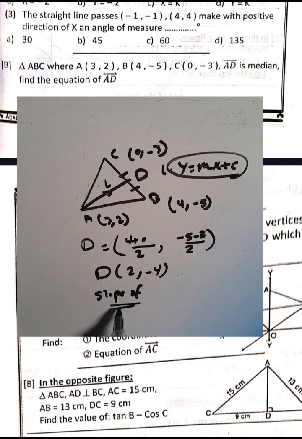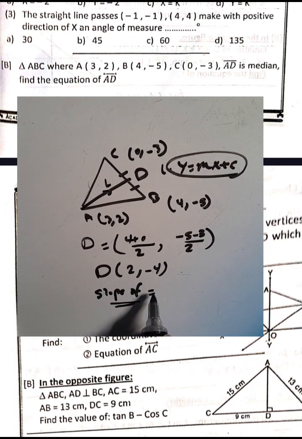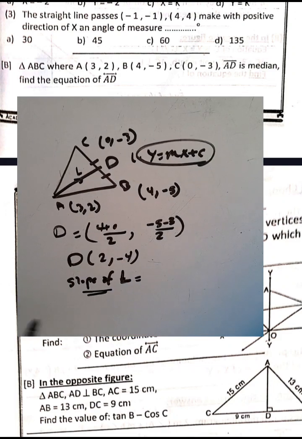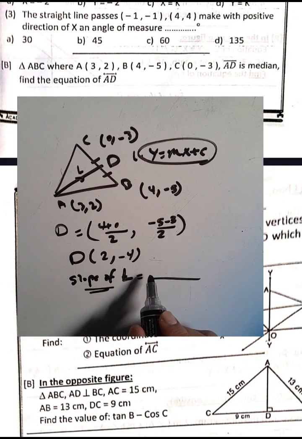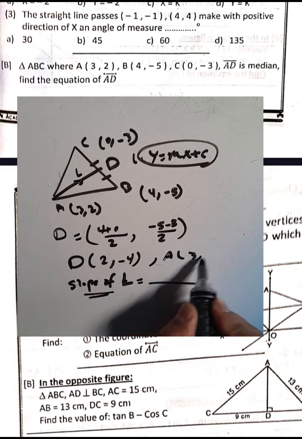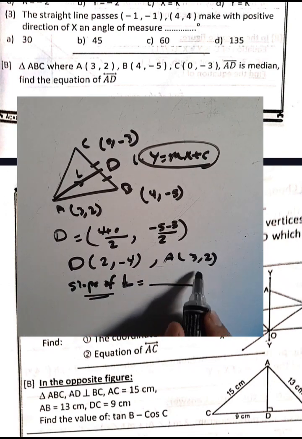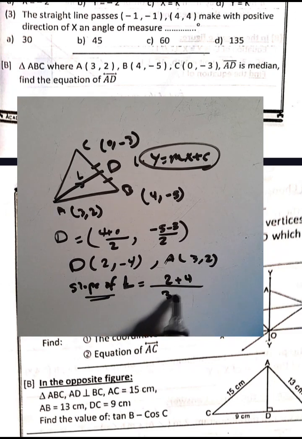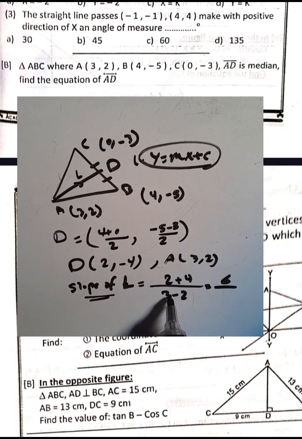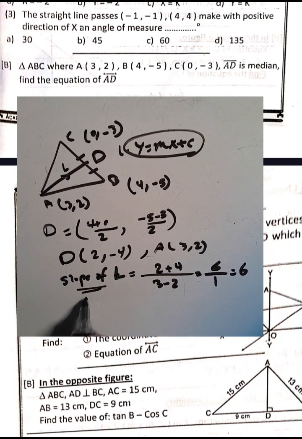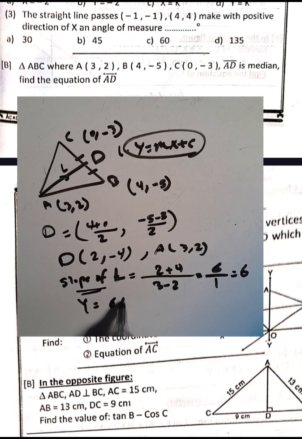We can find the slope of L, which refers to line AD, using point D and point A (3, 2): y2 minus y1, 2 minus negative 4, which is positive 6, over x2 minus x1, 3 minus 2, which equals 1. Then the slope here will be 6. Then the equation of the straight line will be 6x plus a constant.